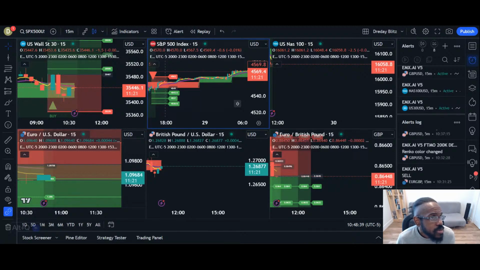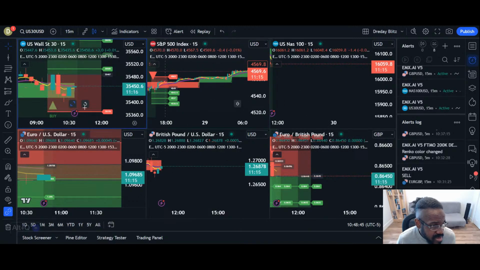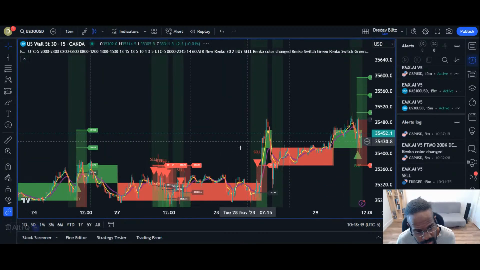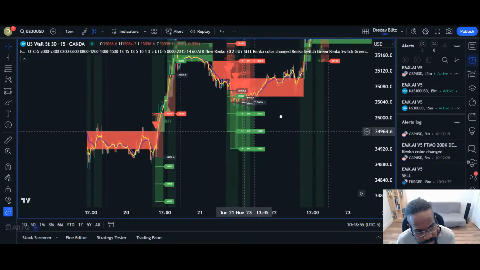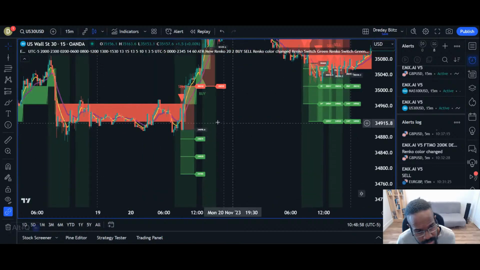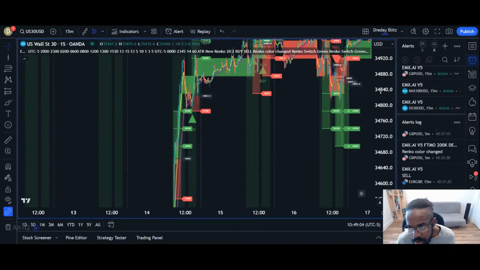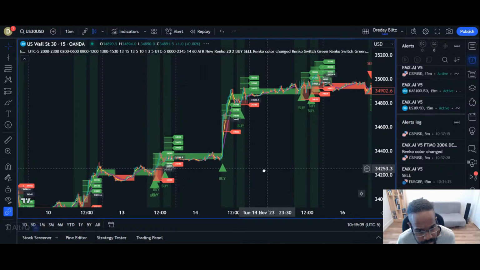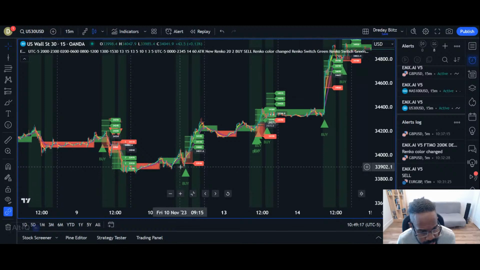So let's look at maybe previous moves that came with EMX AI. As you see, we were bullish since November 10th.